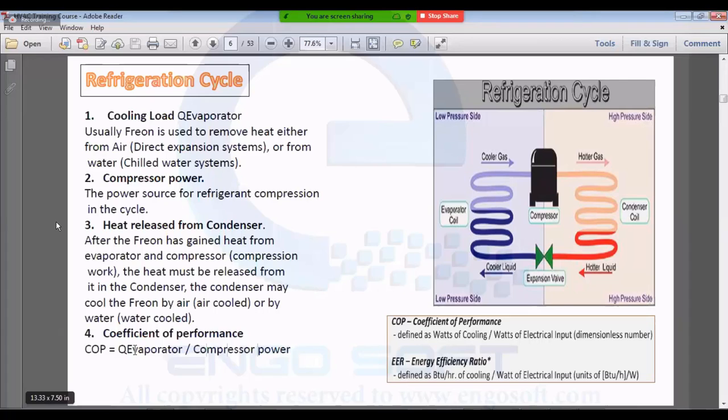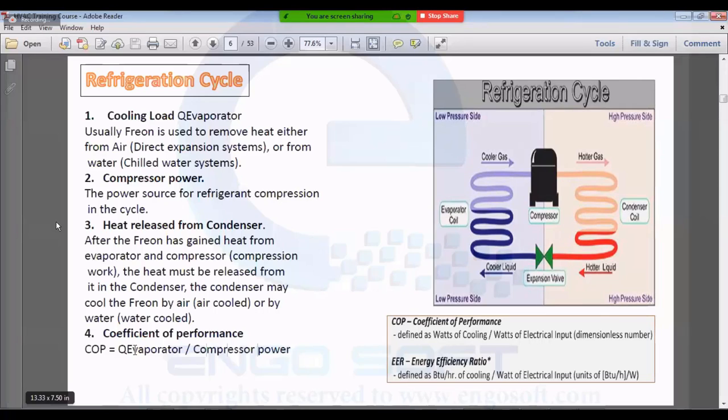So explain to me why COP10 is better than COP5. Because the coefficient of performance means the gain, what I make use of, which is the Q evaporator over the compressor power.